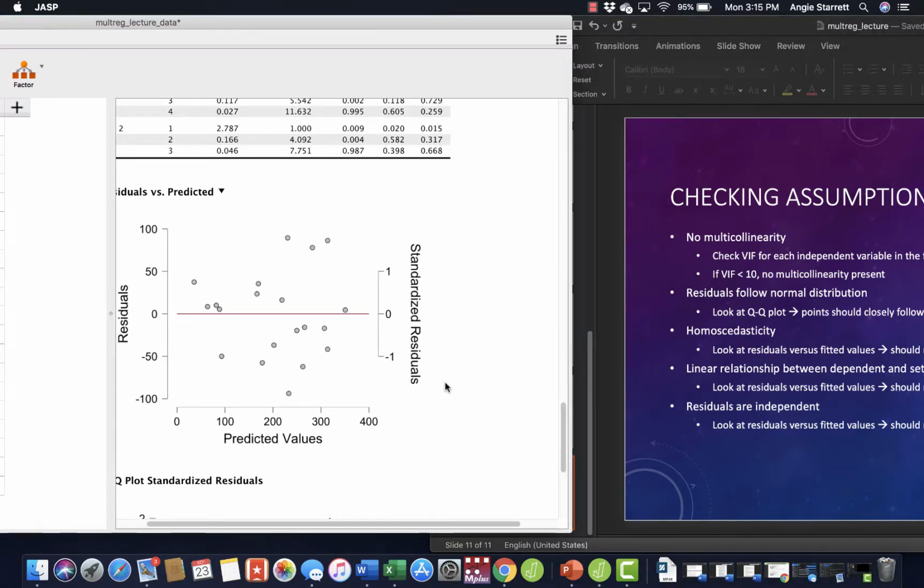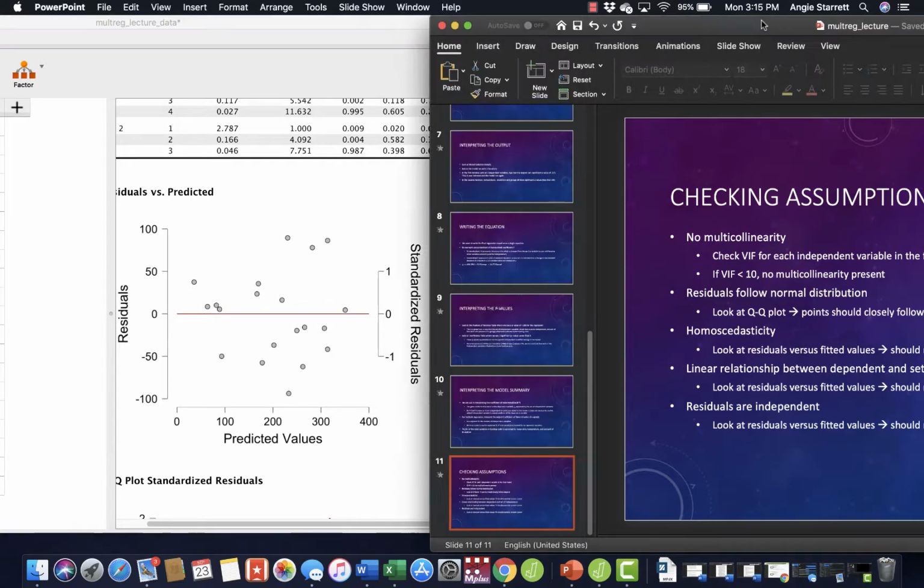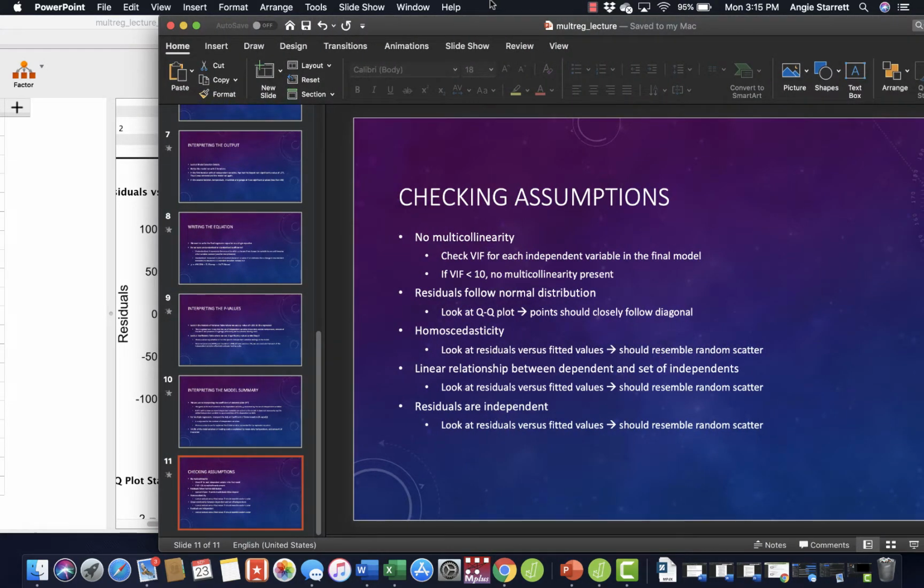Does it look like a Jackson Pollock painting? Does it look like somebody just threw a bunch of dots out there without any pattern to them? And the answer is yes. Because we see random scatter here, we can pretty much assume that we have our assumptions met of homoscedasticity, linear relationship between the dependent and set of independent variables, and that the residuals are independent.